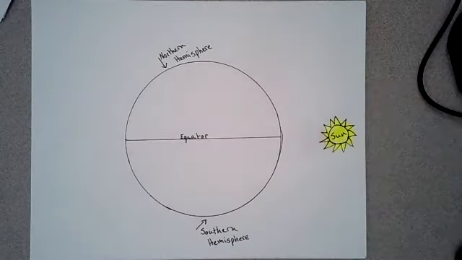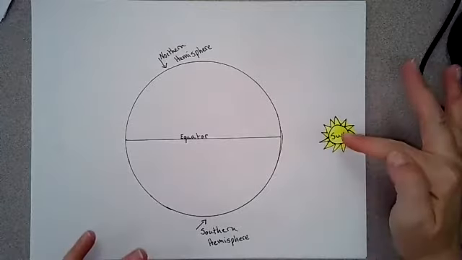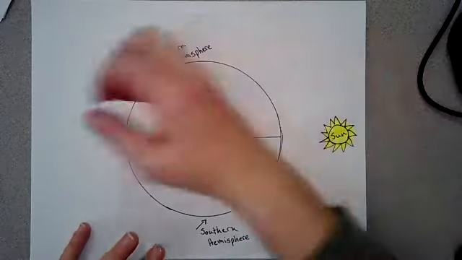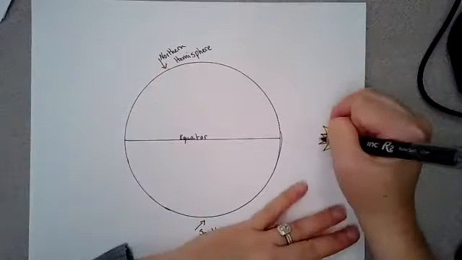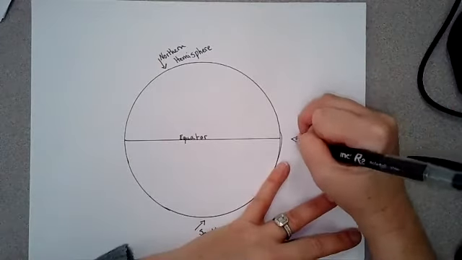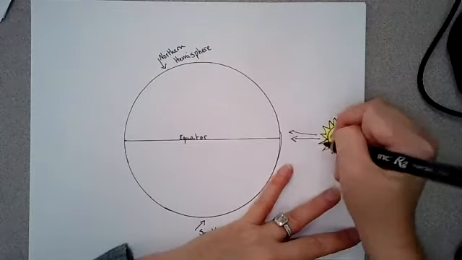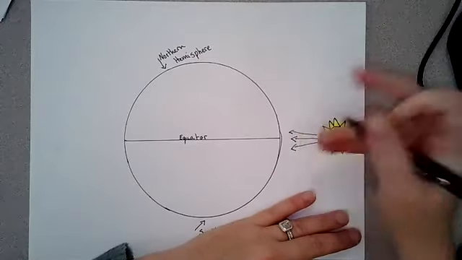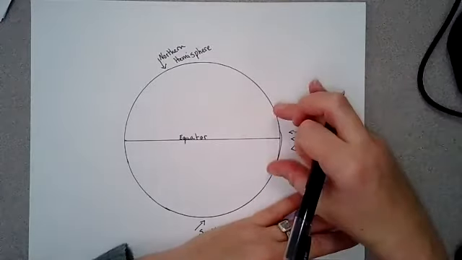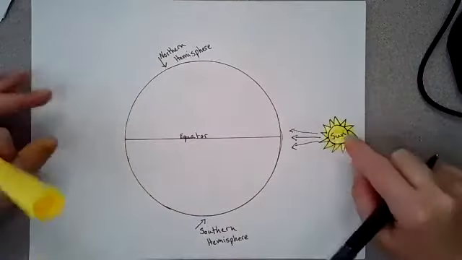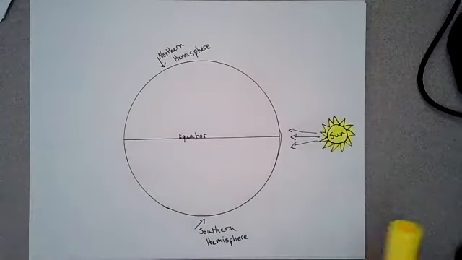Okay, now we have the sun here, and the sun's rays are shining at the earth. And they are going to be most intense at the equator, because they don't have to travel as far, because the equator is closest to the sun, all right?